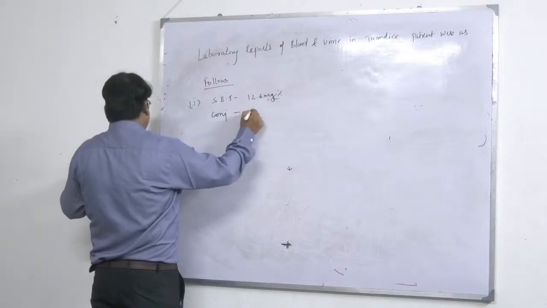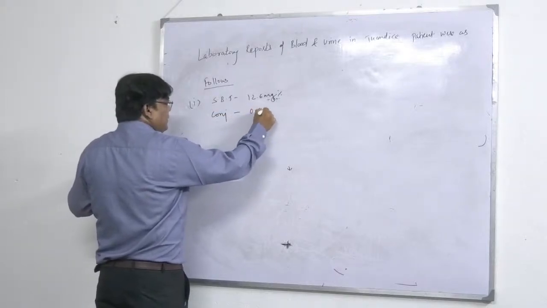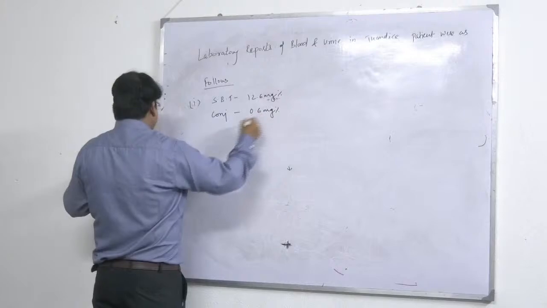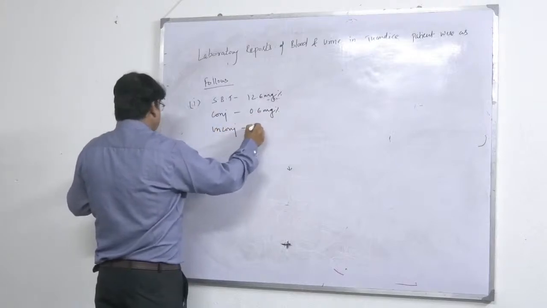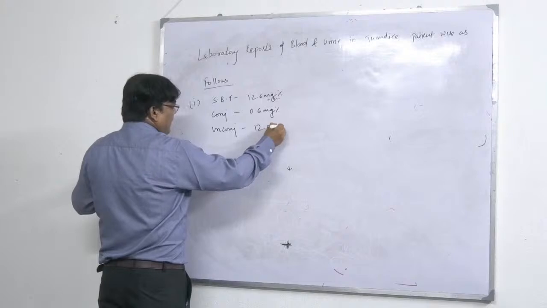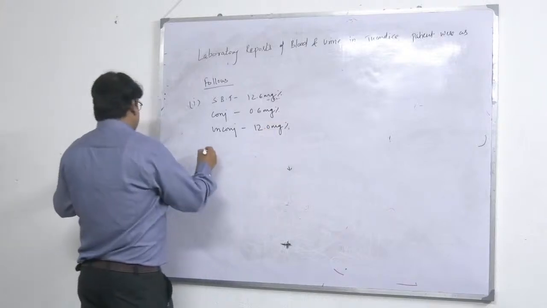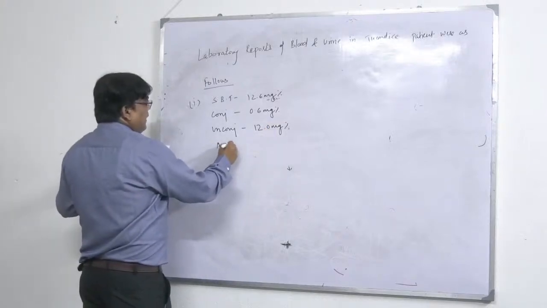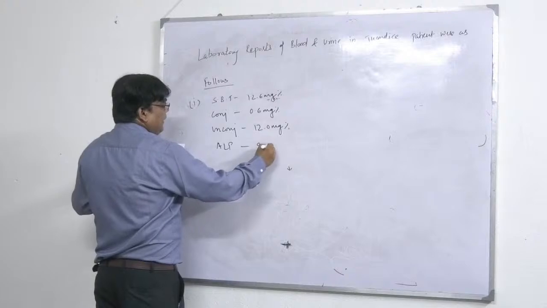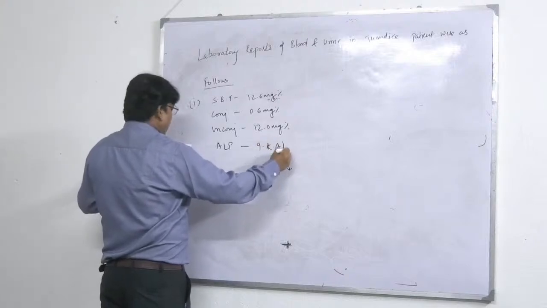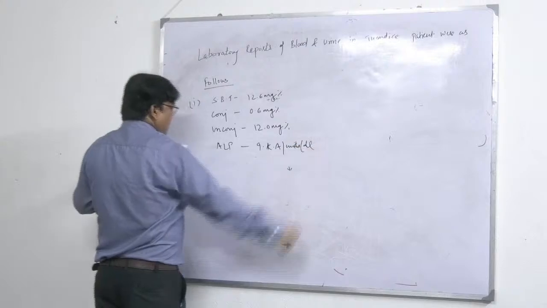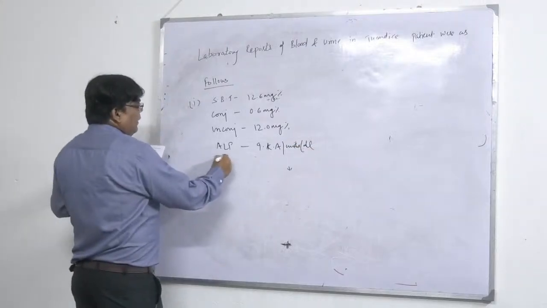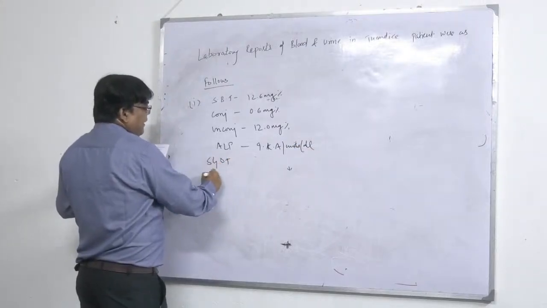Conjugated bilirubin is 0.6 mg percentage and unconjugated is 12.0 milligram percentage. Serum ALP, alkaline phosphatase, is 9 King-Armstrong units per dl. Okay? And SGOT, SGPT.